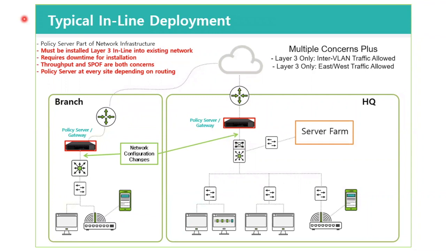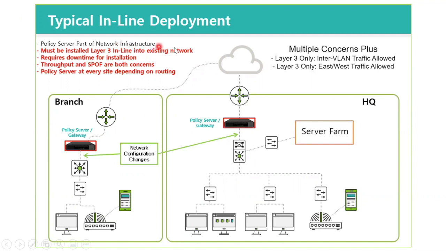If I go way back in history, I spent the first several years of my career in the NAC industry doing inline deployments, which were more popular back when. Inline deployments, while on one hand eliminating many of the challenges with some of the other architectures we talked about, actually introduce a whole new set of problems.